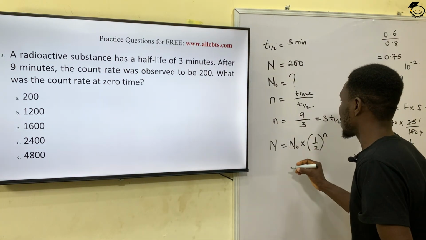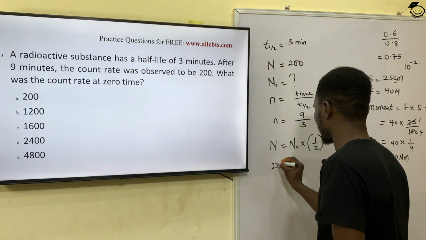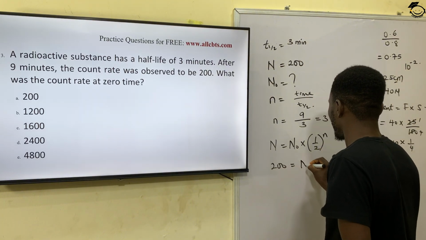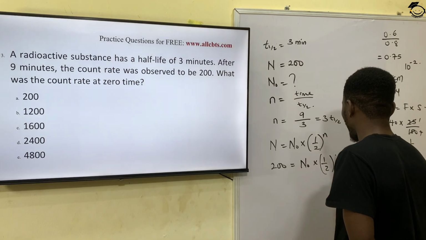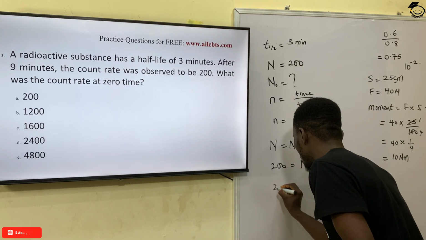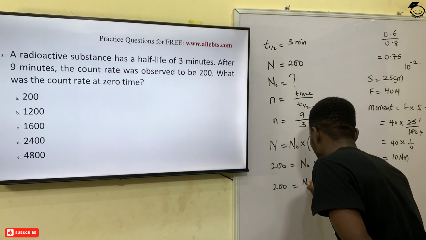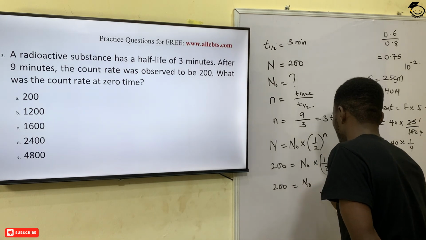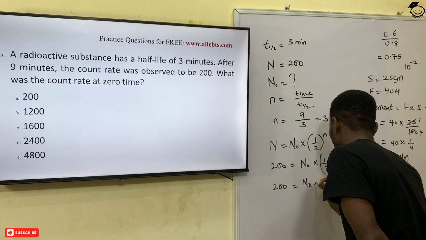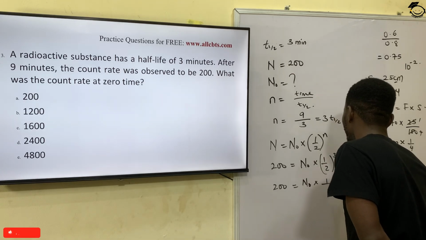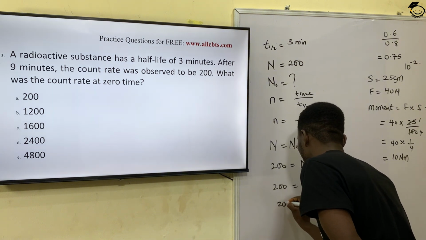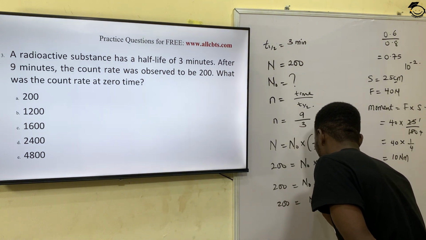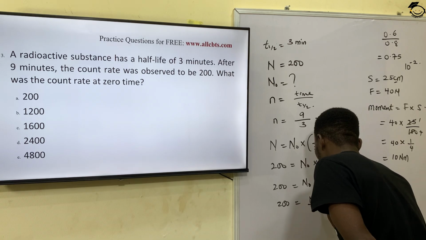So this is the same thing as saying that I have 200 equal to count rate at 0 time times 1 over 2 raised to power 3. 2 raised to power 3 here will give me 8. So this is the same thing as saying I have 200 equal to count rate at 0 time divided by 8.